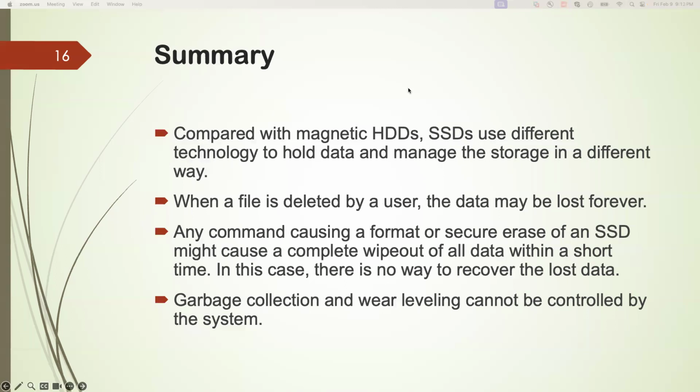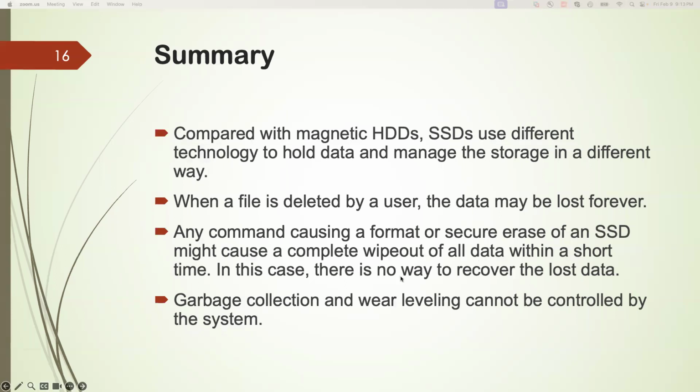When a file is deleted by the user, the data will still stay there in HDDs unless it is overwritten. But in SSDs, there is a chance that the deleted data may be lost forever. If the garbage collection program runs, it will wipe out the deleted files.